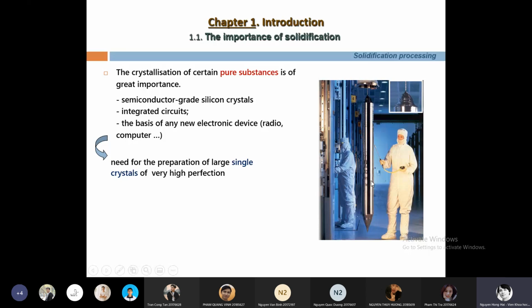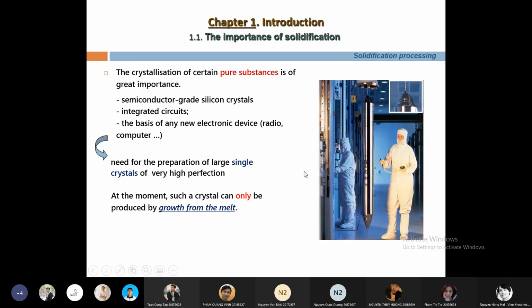It is only one crystal, a single crystal, very large, prepared by some very specific method. It may be 2 meters in height. So, the preparation of a very large single crystal of very high perfection.